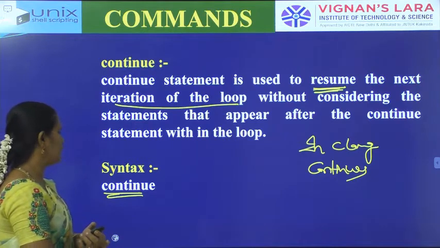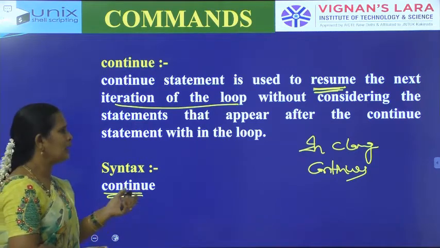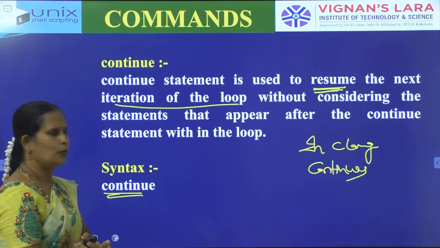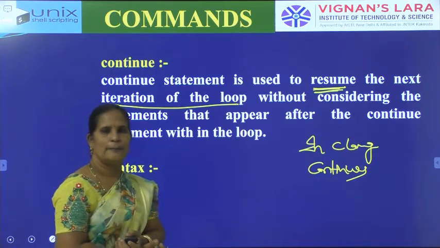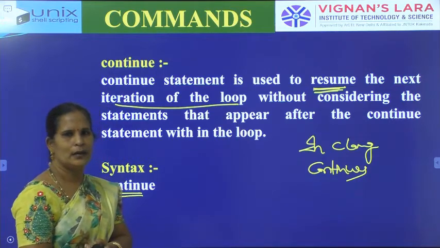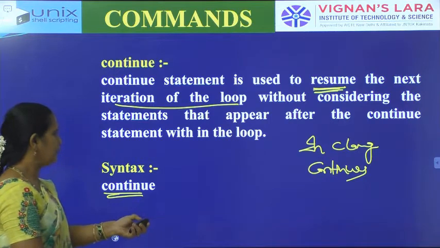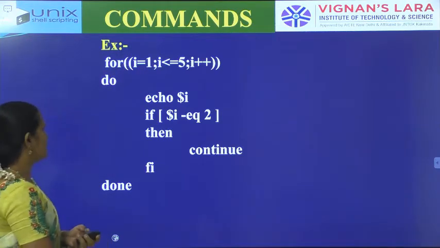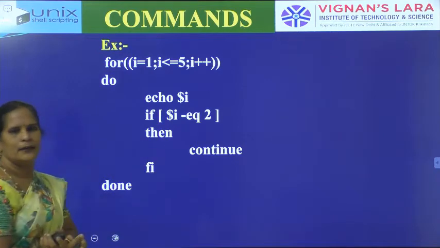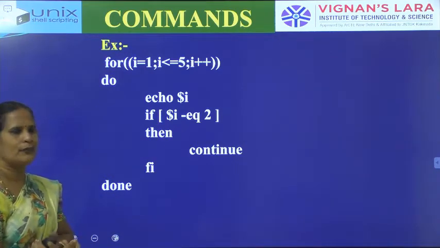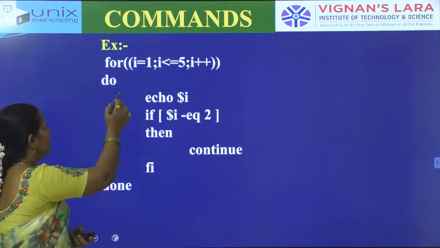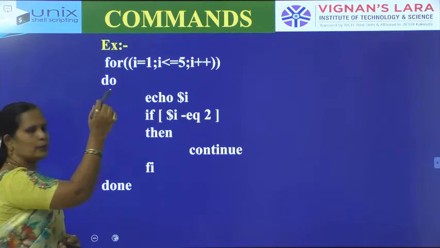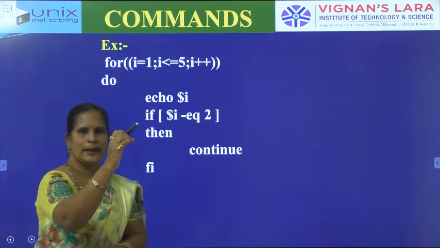So what is the first statement? Echo $i. New value of i is equal to 2, so 2 will be printed. Next, if $i equals 2, new value of i is equal to 2. 2 equals 2, the condition returns a true value. Whenever the condition returns a true value, the set of statements which are specified between then and fi are executed.